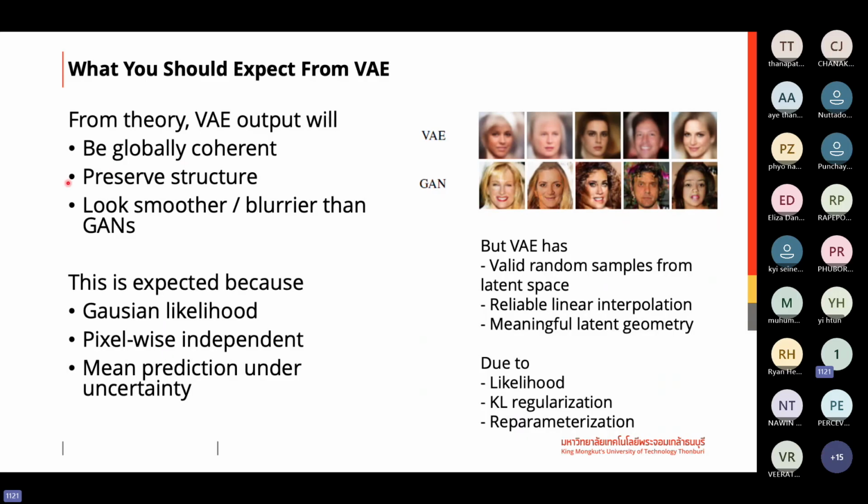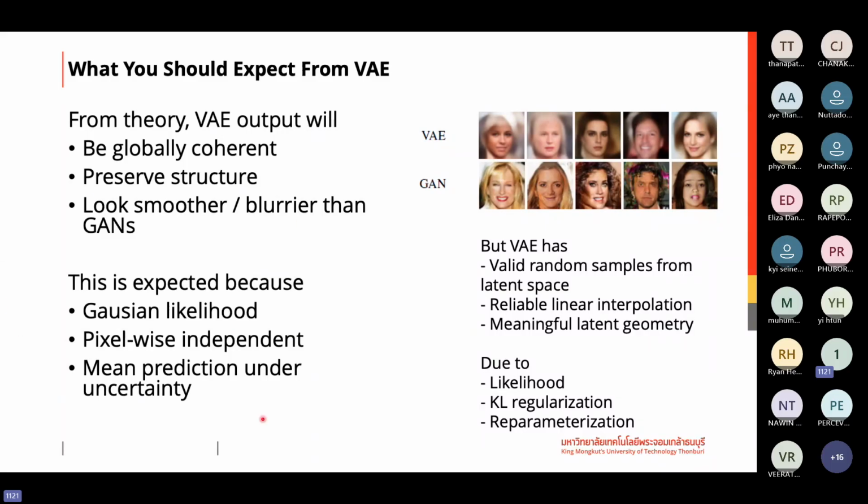It preserves the structure where you have the distribution, and the output looks smoother but blurrier than GAN, right? The blurry image occurs because we have a Gaussian likelihood over pixels. Each pixel is treated independently, and we actually perform mean prediction from the distribution.